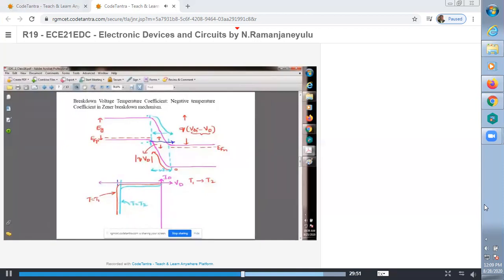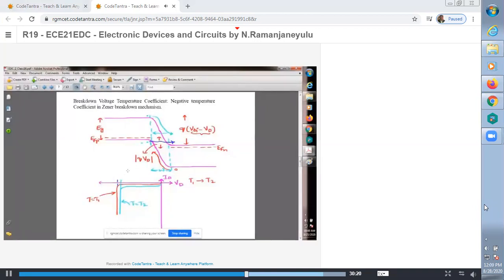Now what happens as temperature increases? As temperature increases, breakdown occurs at earlier voltages. Temperature increases within the junction, and due to this a large number of charge carriers move across the junction. Suppose previously breakdown occurred at 5.5 volts; now when temperature increases, breakdown occurs at 5 volts only.